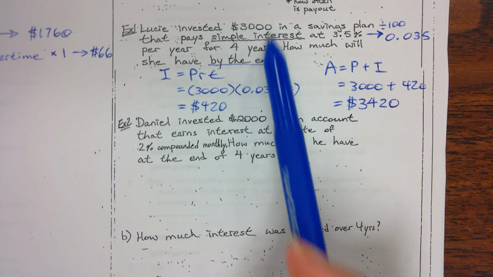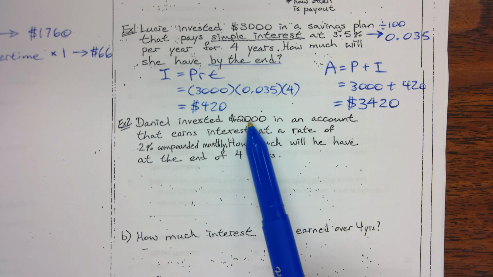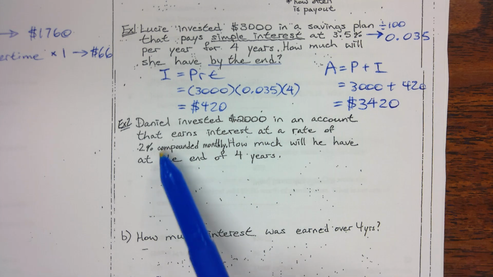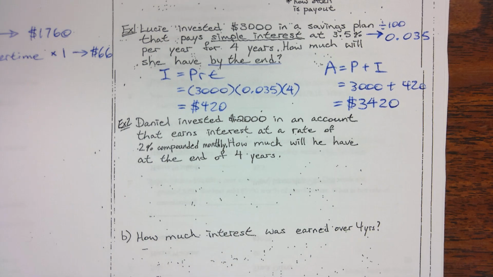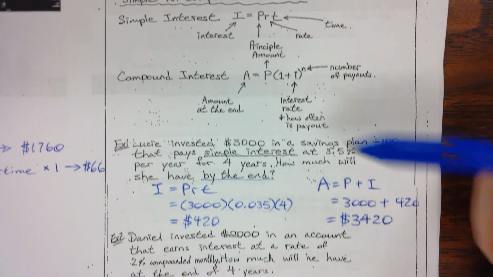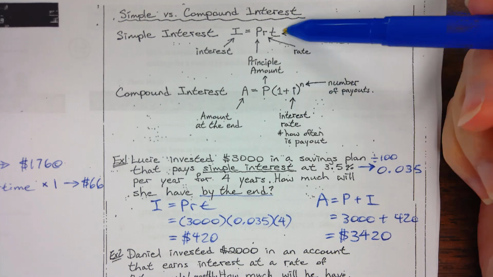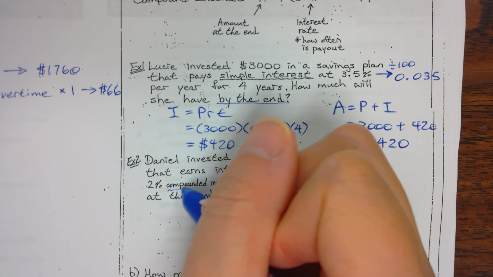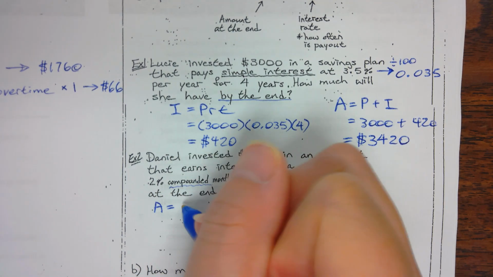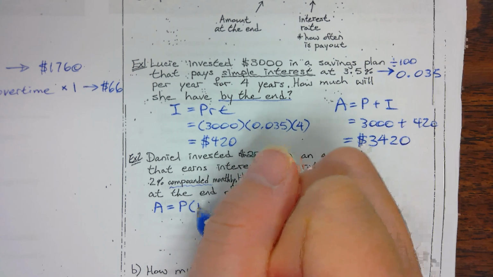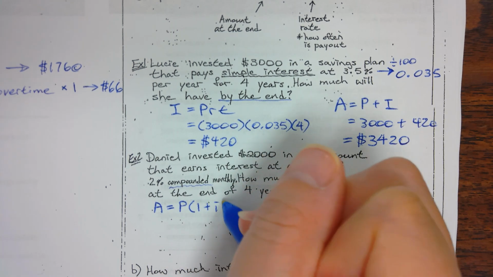Daniel is investing less money, and the interest rate is also less, but this one compounds monthly. So which formula should I use? Compound, because I see the word compound right here. All right, so I'm going to use this formula: A equals P times (1 plus i) to the n.